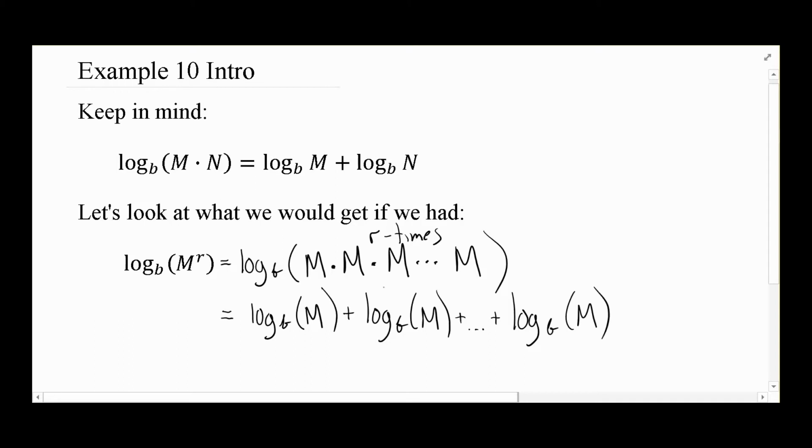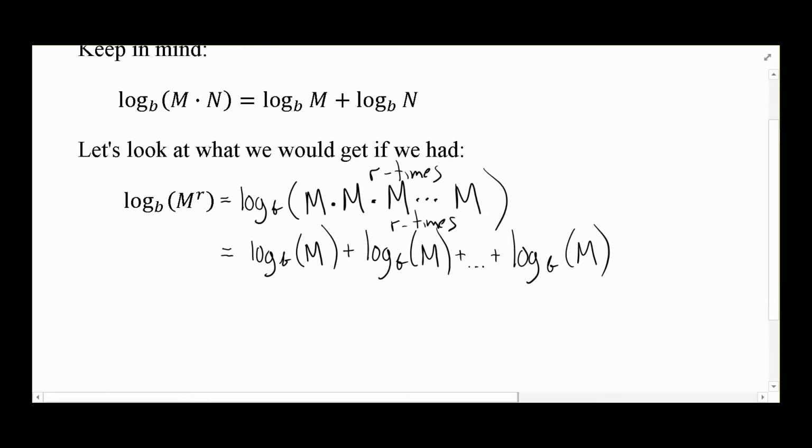How many times? R times. But log base b of m, log base b of m, log base b of m, I'm adding the same thing to itself a bunch of times. That's the definition of multiplication.